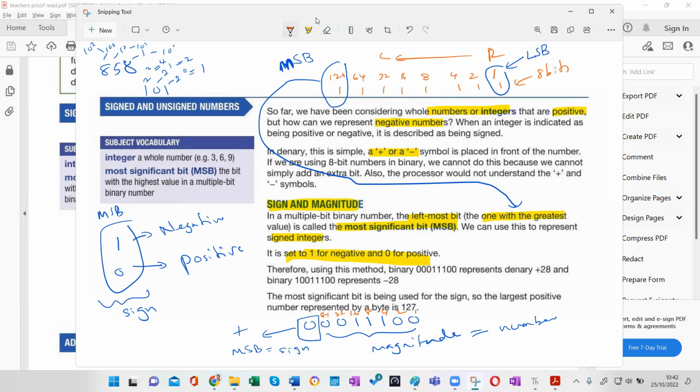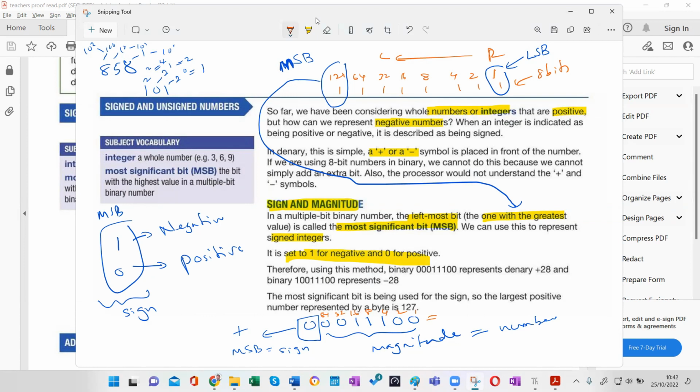This is taken, so we can't use it for the magnitude. Now how do you calculate what this number is? We just add the positional values if there are ones.